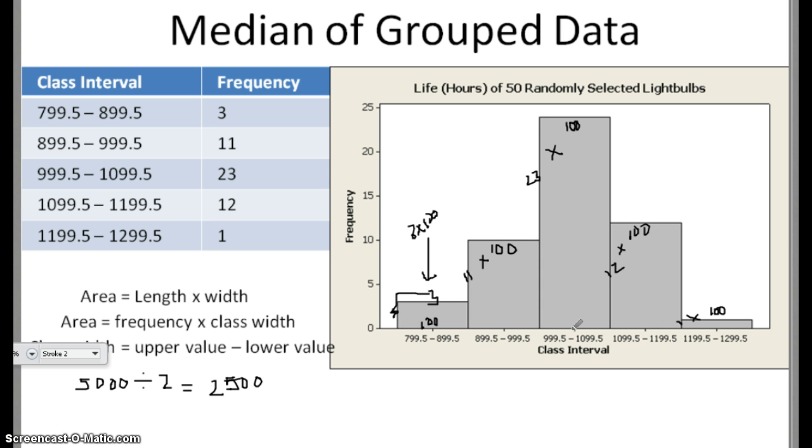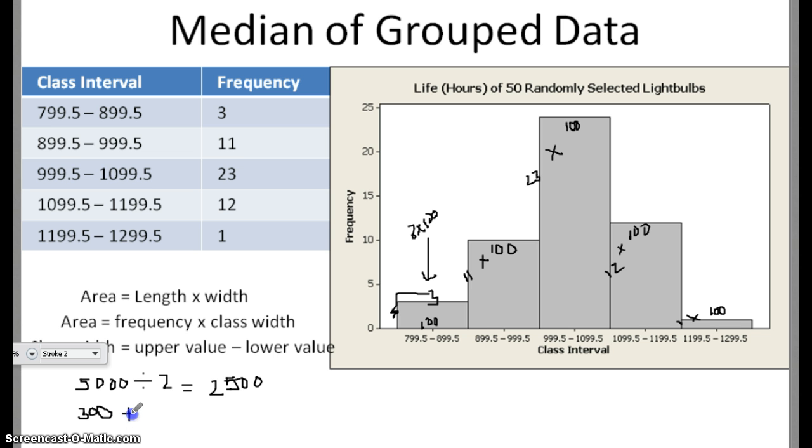So now we're going to look at figuring out the area for just the half that we want. I'm going to be working from the left. On the left-hand side, this first rectangle had an area of 300.